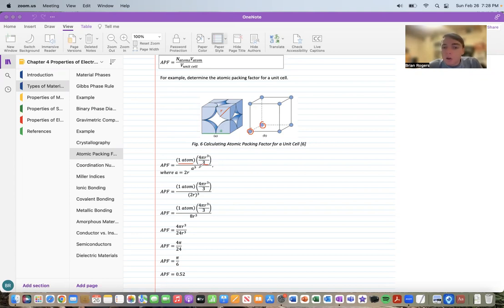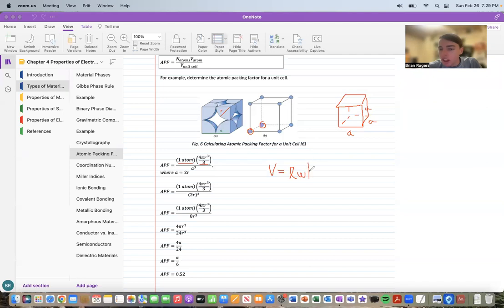And then all over the volume of a unit cell. Well, the unit cell is a cube, right? When you have a cube, each of the sides are the same length. If the side length is A, then the height is A, and the depth is A. Remember, the volume is the length times the width times the height.